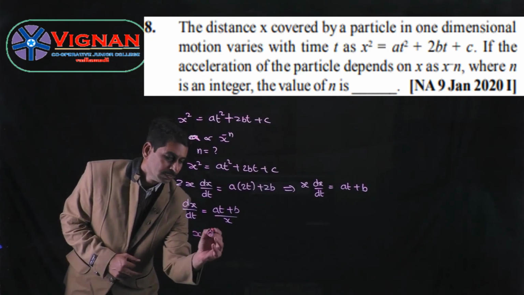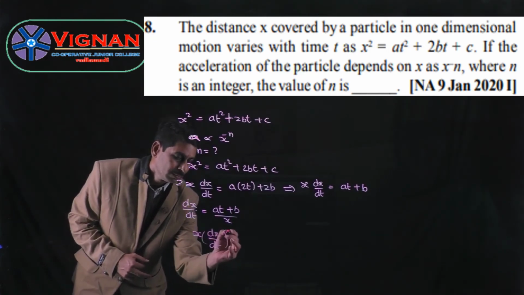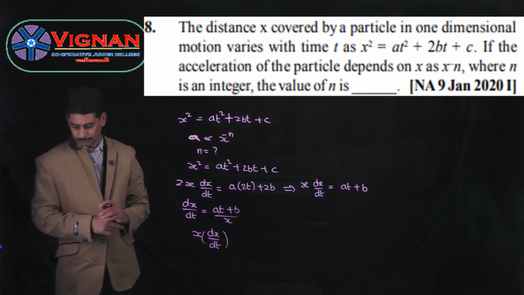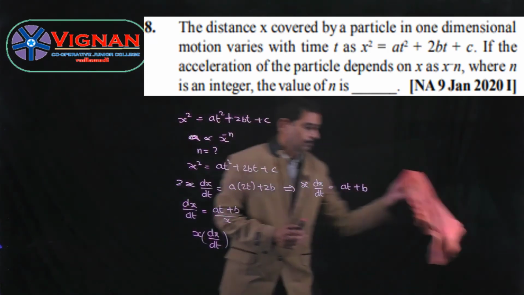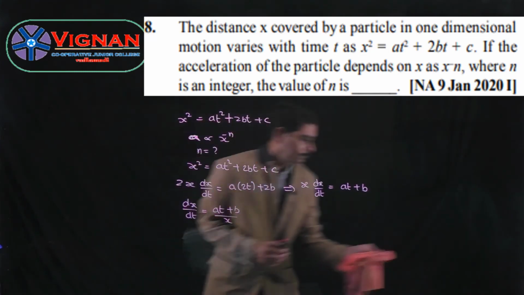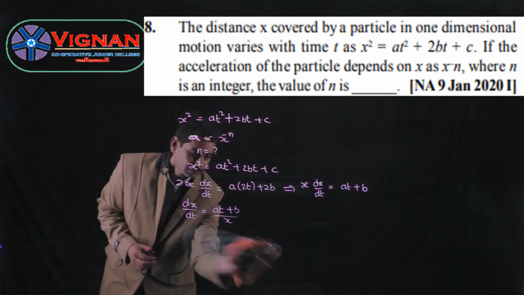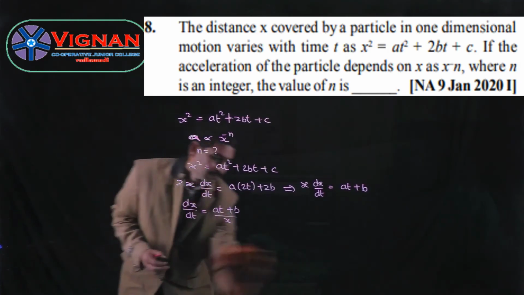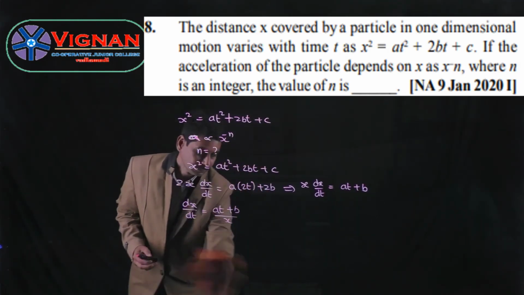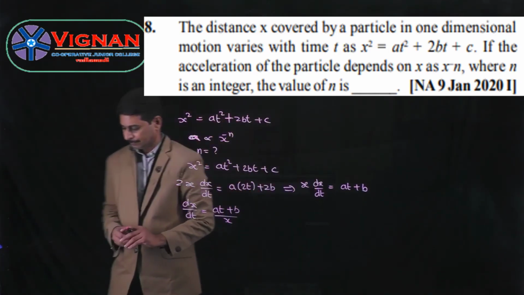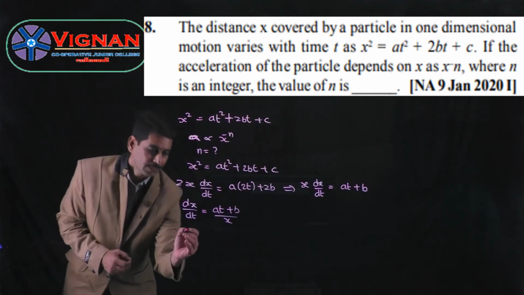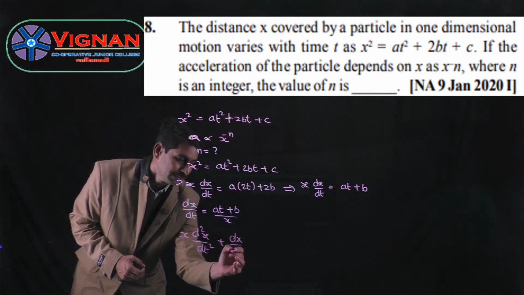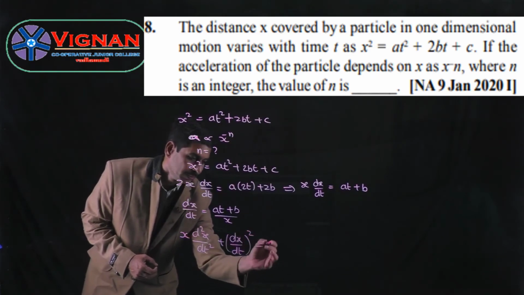And differentiating again, x into d square x by dt square plus dx by dt whole square is equal to a.